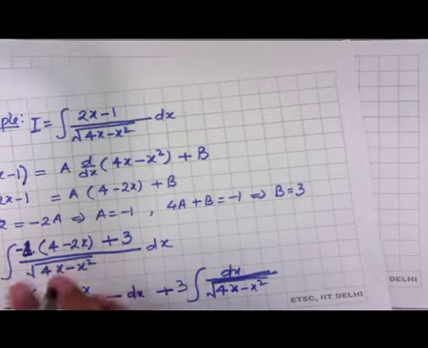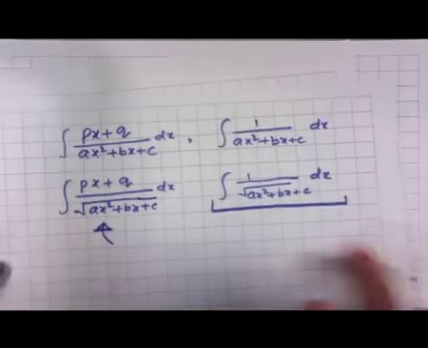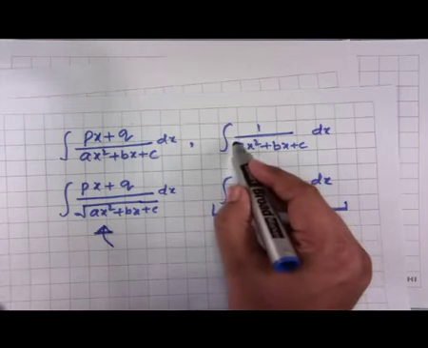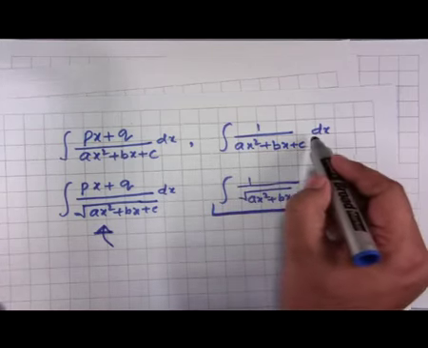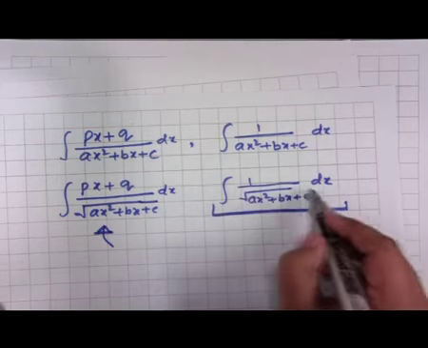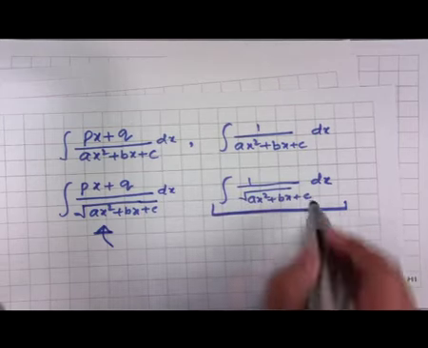For example, so far we have considered these two cases where the denominator ax square plus bx plus c has degree 1, or the entire term has degree half. Square root means having a degree half.